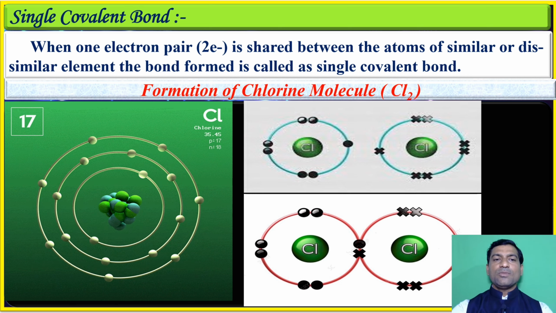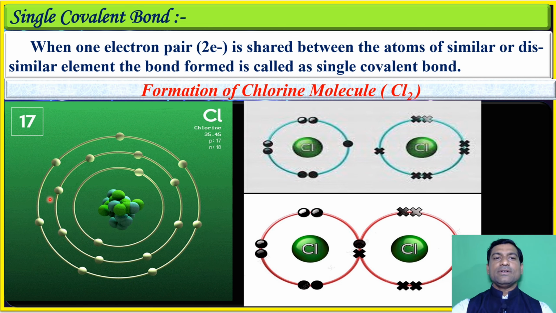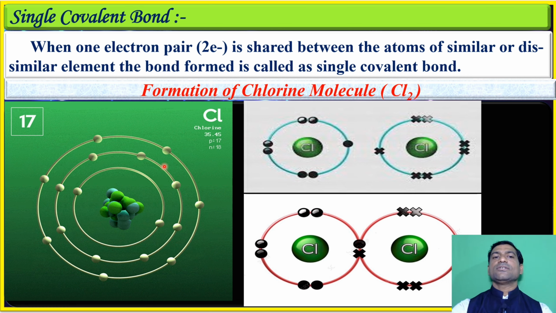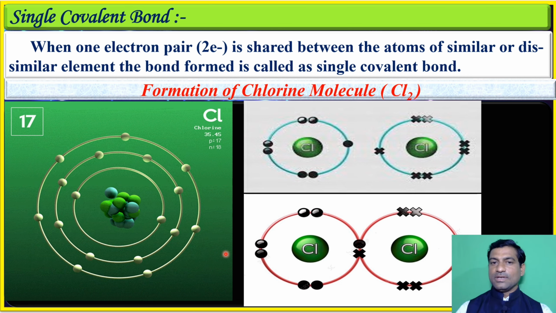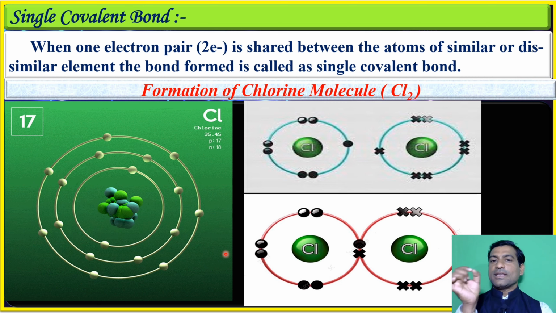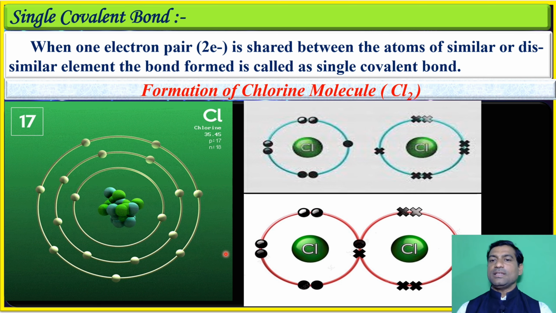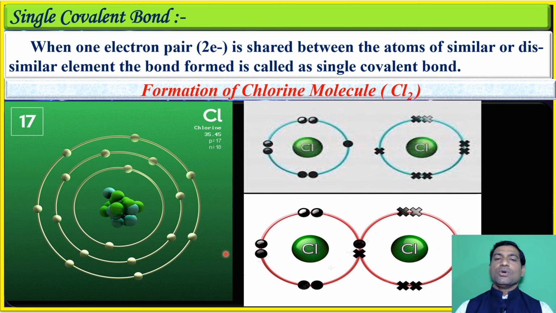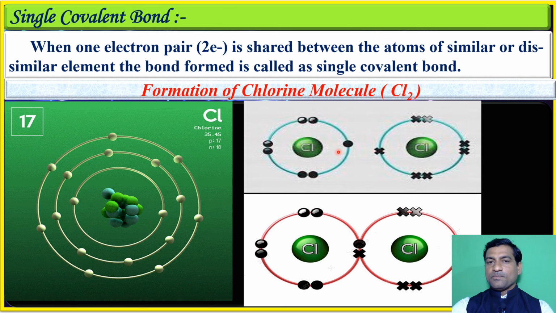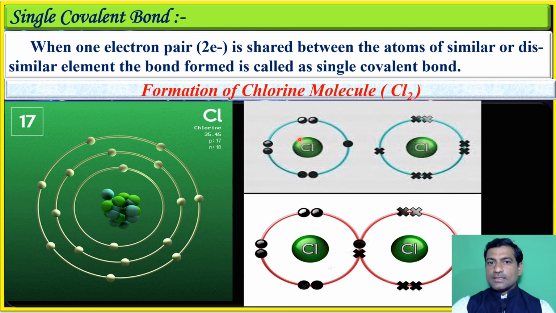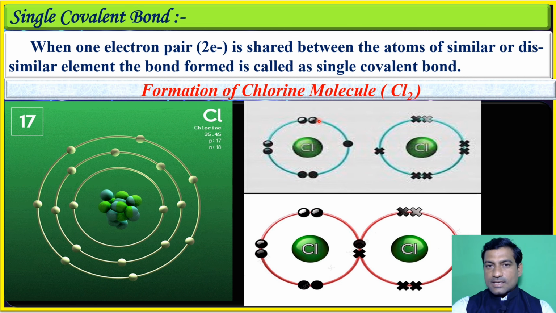The atomic number of chlorine is 17. First orbit contains 2 electrons, second orbit contains 8 electrons, and the last orbit has 7 electrons. Means chlorine requires 1 electron to complete the outermost orbit. Here the chlorine atom, the last orbit contains 7 electrons.